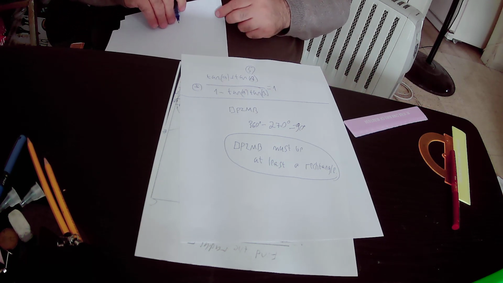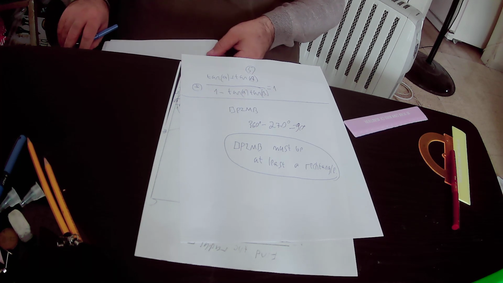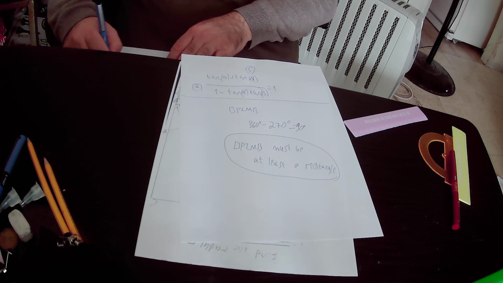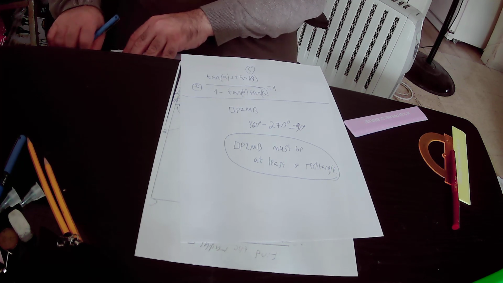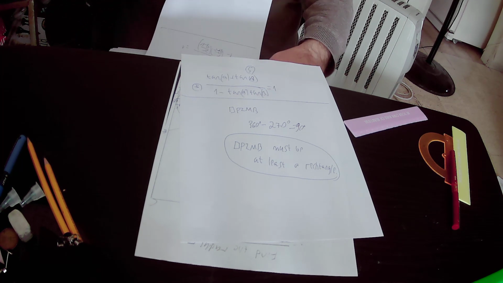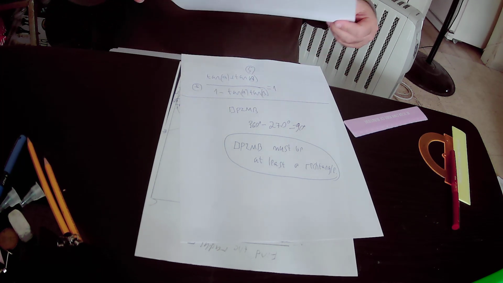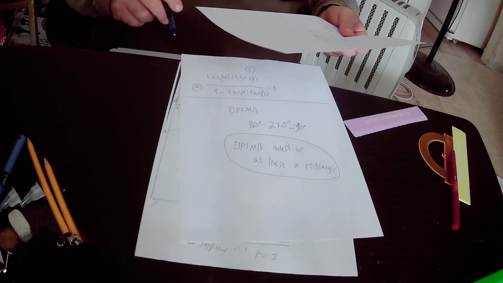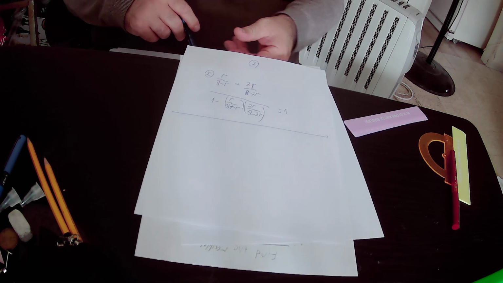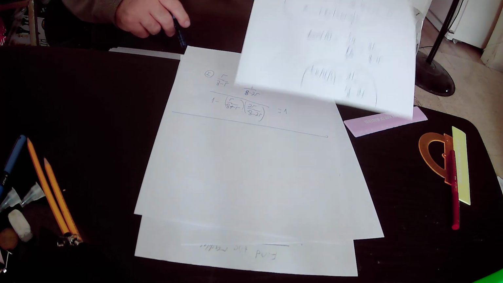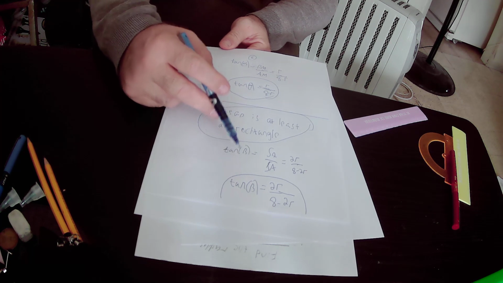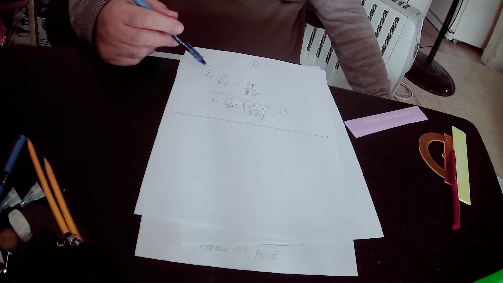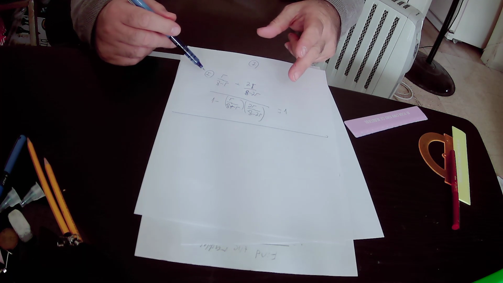So actually we substituted the values of tangent alpha and tangent beta in this equation number 1 by the values that we found for tangent alpha and tangent beta, and we got this expression.